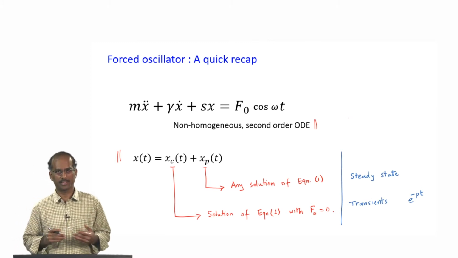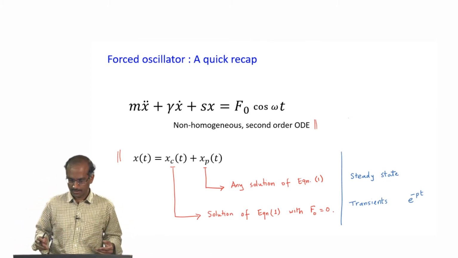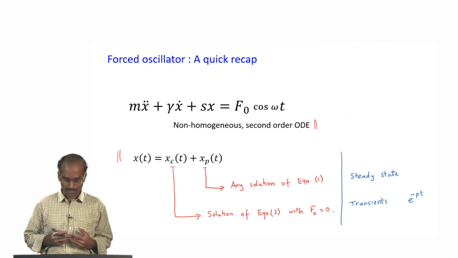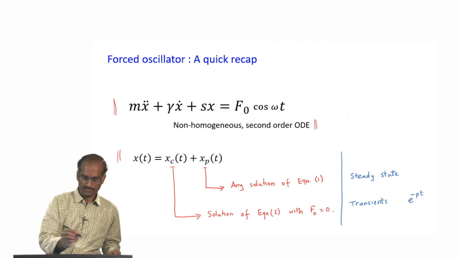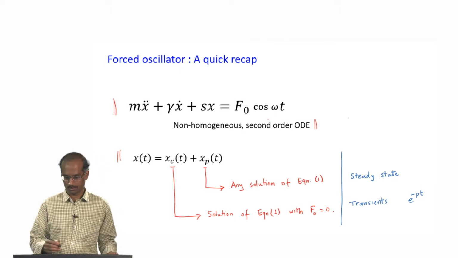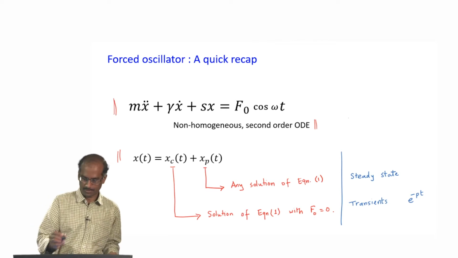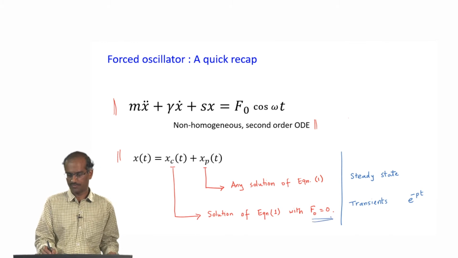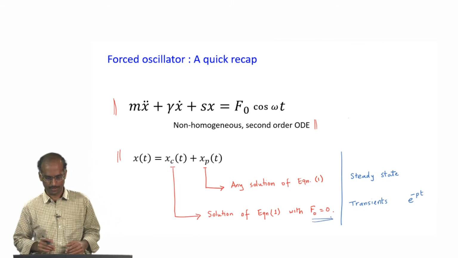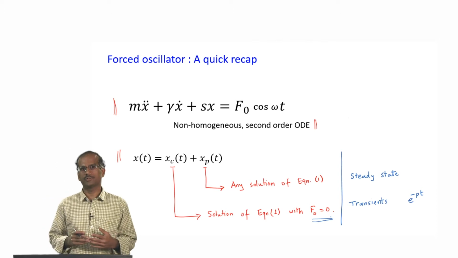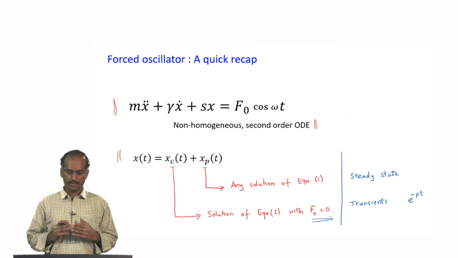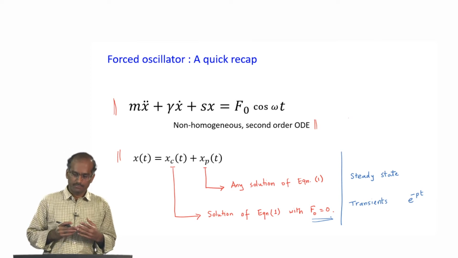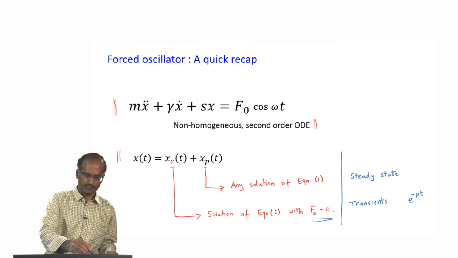It has two parts: x_c, which is called the complementary solution, which is simply the solution of this equation with the right hand side being 0, corresponding to the statement that there is no forcing, F0 is equal to 0, and x_p is what is often called the particular solution, which could be in general any one solution for this full equation.